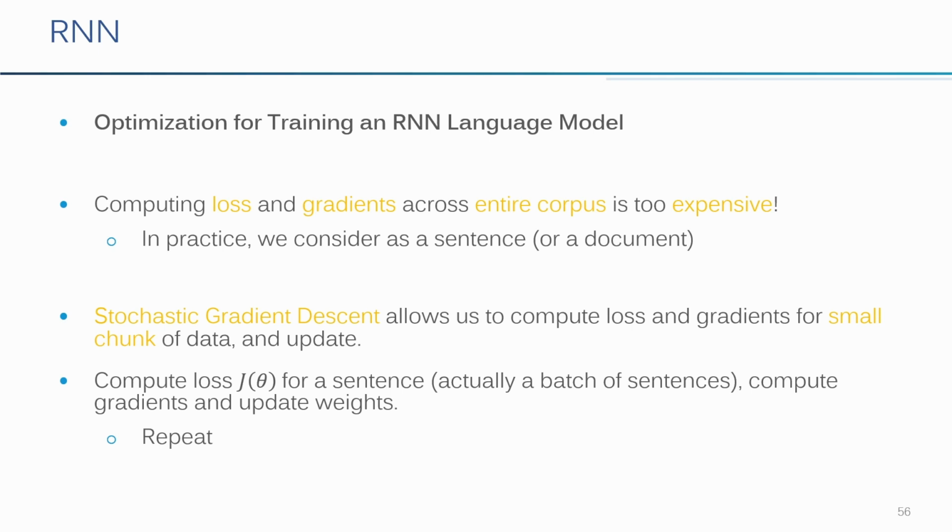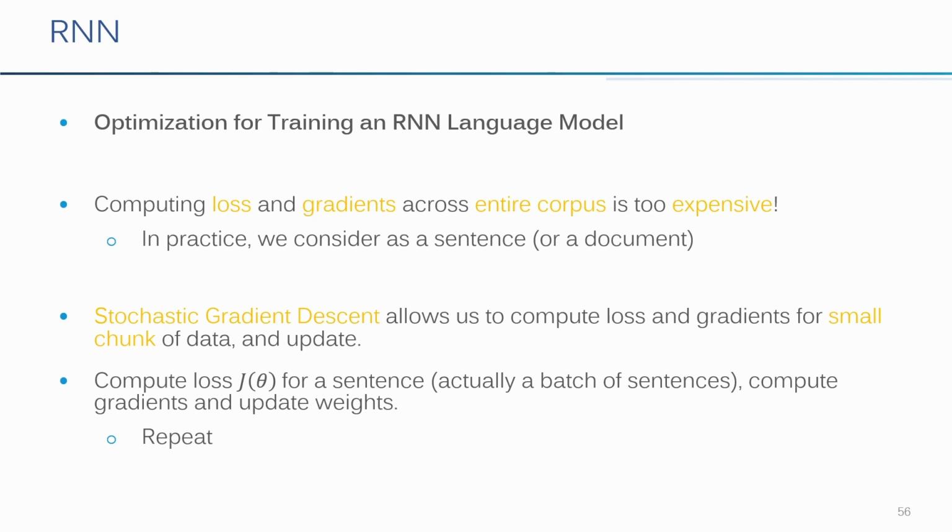In practice, a batch is simply a sentence or half a sentence or a paragraph, depending on how robust you want your model to be and how much computing power you have, of course. We already talked about this: stochastic gradient descent allows us to compute a loss and gradients for a small chunk. So not for the entire thing in one update, but for small pieces of text, and we update according to this specific chunk that we have.